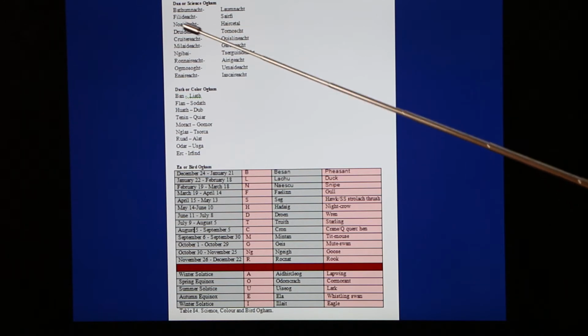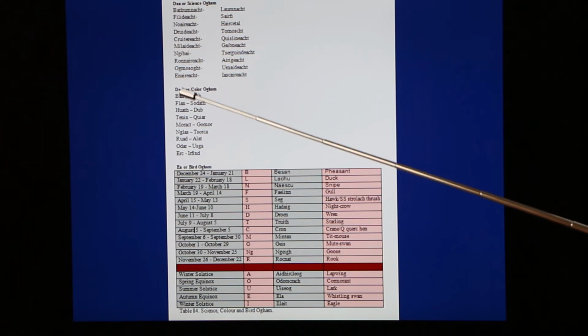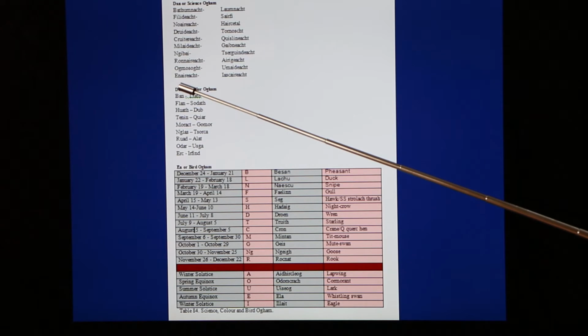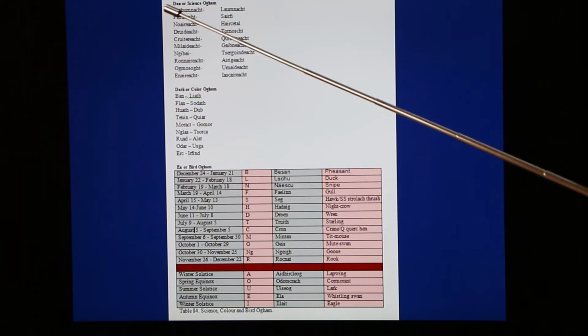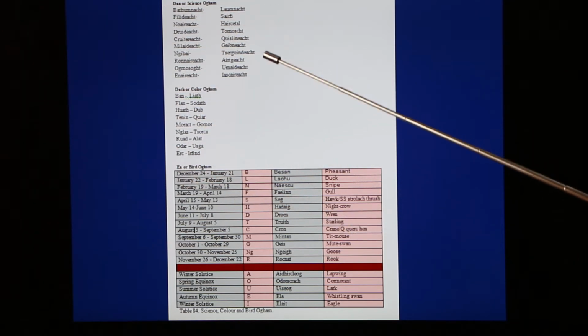Now, what's fascinating is that we're used to having one alphabet, at school, and that's it. But not so in the Celtic tradition. You have one alphabet specifically for the sciences. So the same basic letters, B, F, N, D, C, and so on, become names of the sciences.